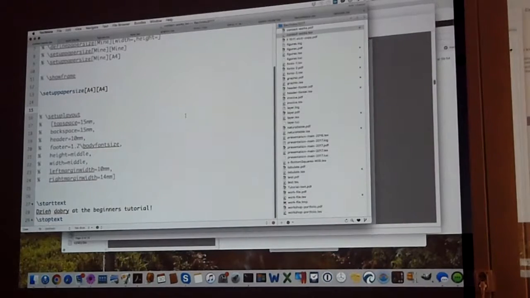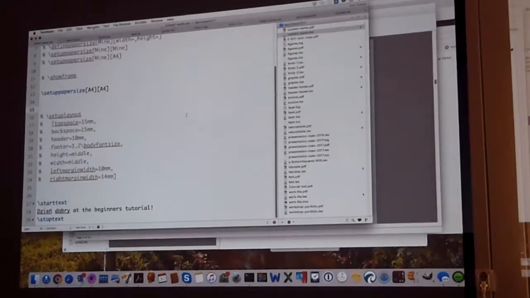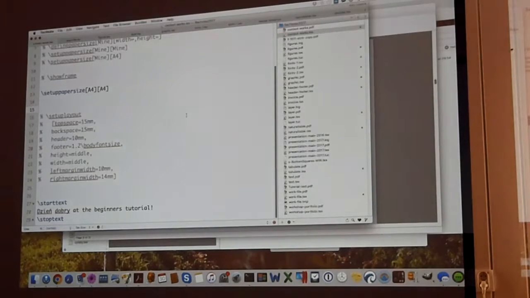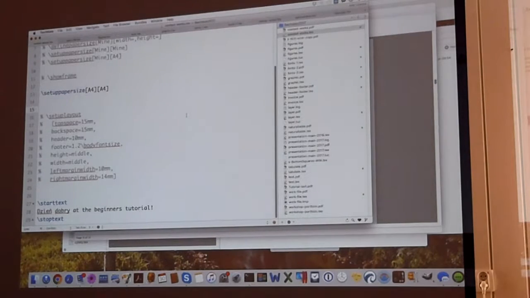So, one important thing when looking at this calculation of the area in which we can place things, we must always take into account the space for the header and the space for the footer and the space between the text and the header and the footer and the text itself. That together makes up the height of your, no, not A4, it makes up the height of your area in which you will be able to put things.